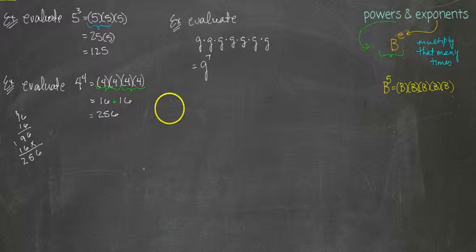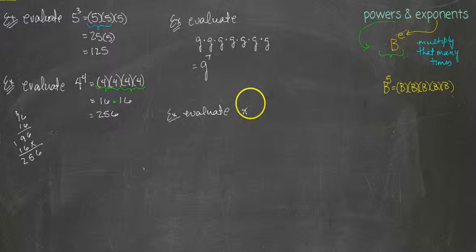Well, what happens if I'm asked to evaluate something like x to the 5th? Well, I can certainly expand it into x times x times x times x 5 times, but that really hasn't gotten me anywhere. I haven't come any closer to understanding what this is.